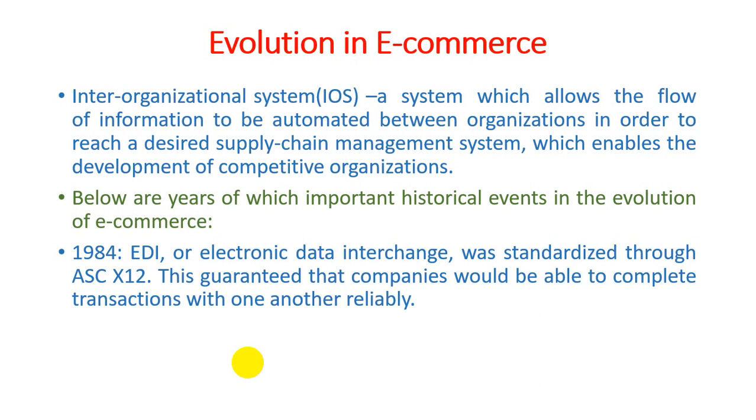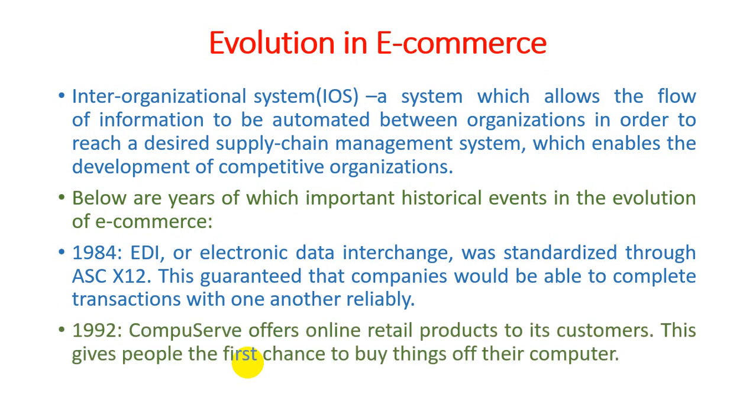This guaranteed that companies would be able to complete transactions with each other reliably. So it is a surety regarding the security of your data, and if you are transferring information from another organization, it will definitely reach in this format. So it is a standard that was provided in 1984. So it is the beginning of e-commerce.